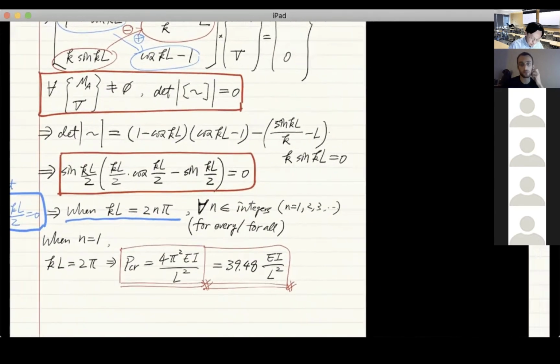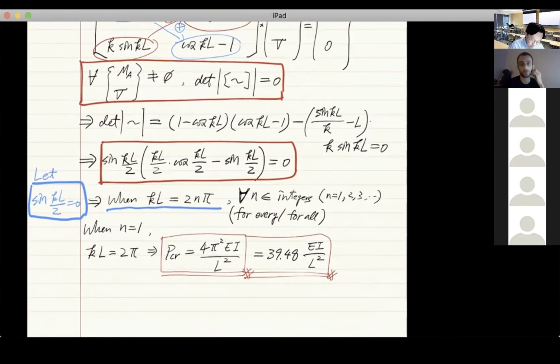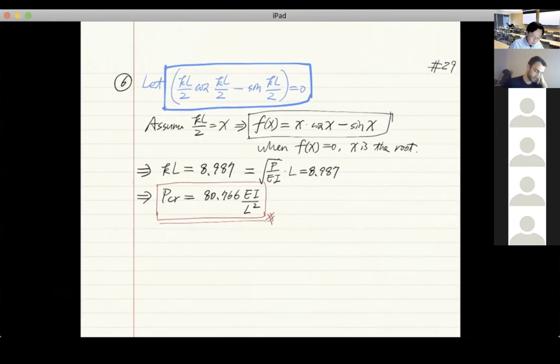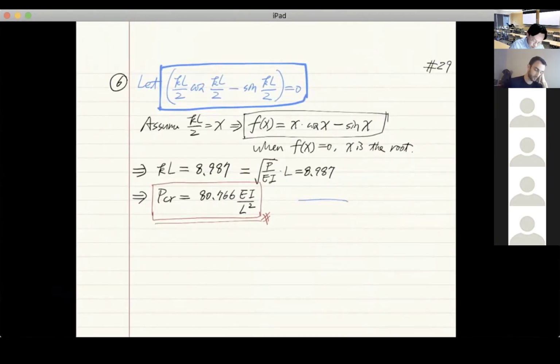That means this is the buckling load when a column buckles like this. Which is what we already talked about, the first mode. For the next one, this value is the buckling load of the second mode.